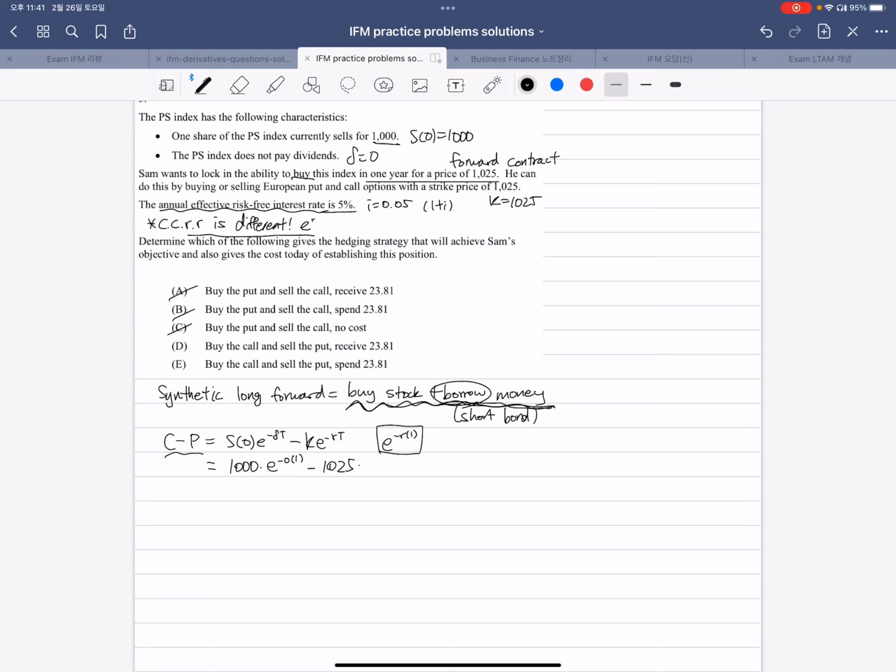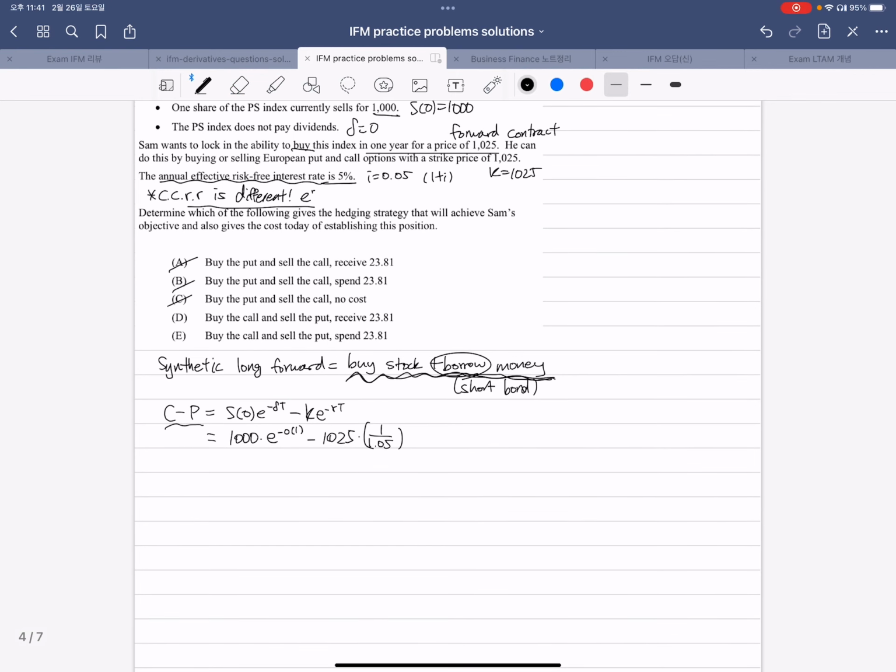So instead of using e, we just want to discount by 1 year by using the annual effective interest rate, dividing by 1.05.